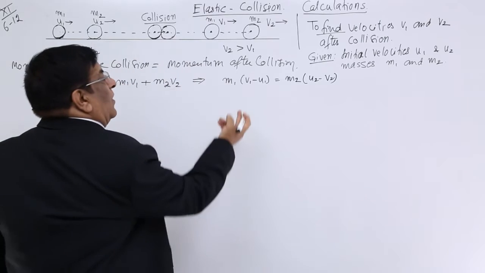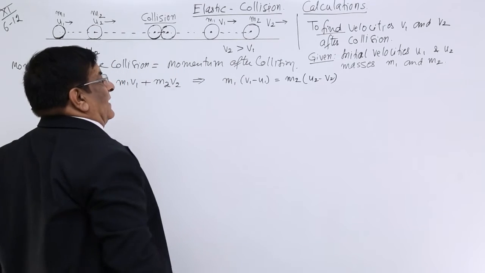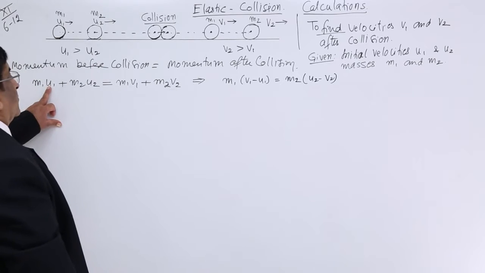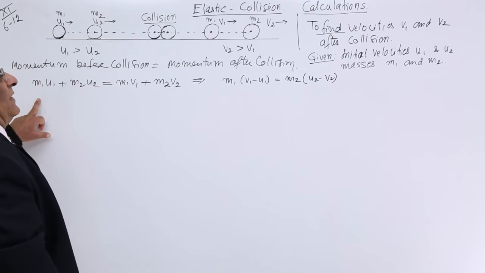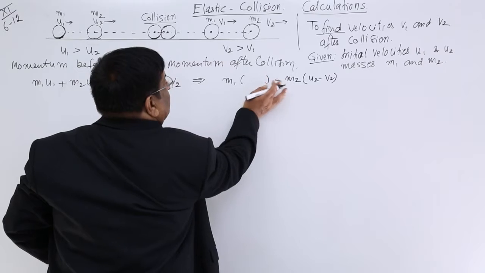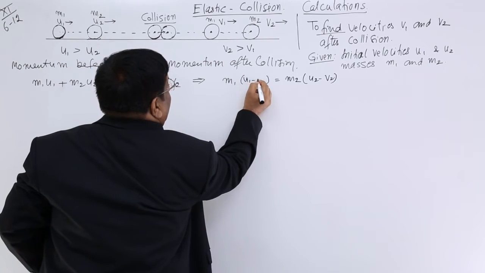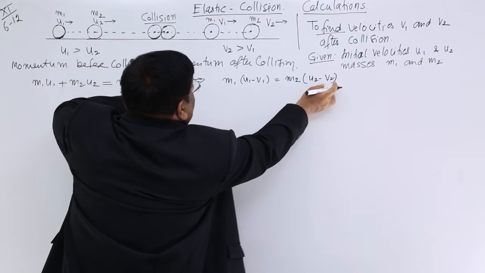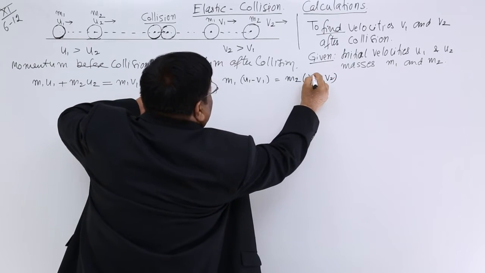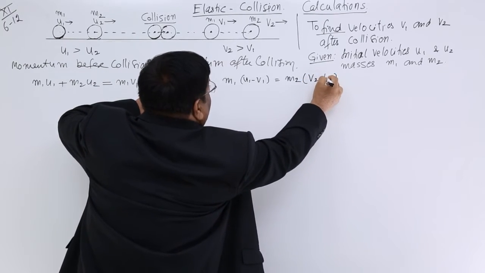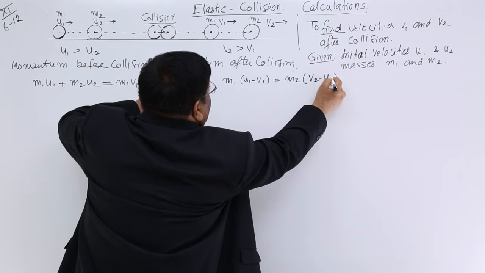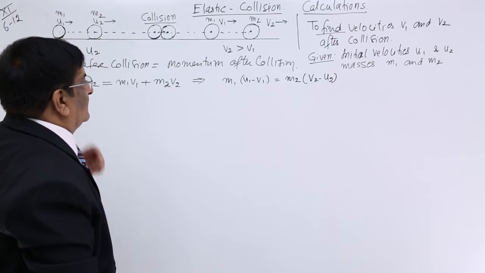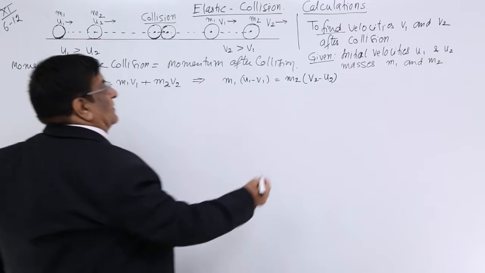Or we can make it m1 u1 minus m1 v1, so this will be m1 (u1 minus v1) equal to m2 (v2 minus u2). Mathematically that does not make any difference. This is our equation 1.